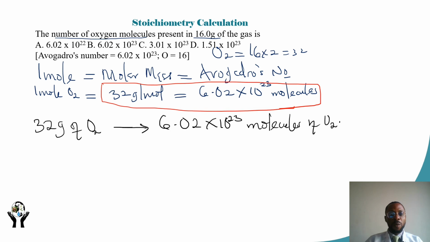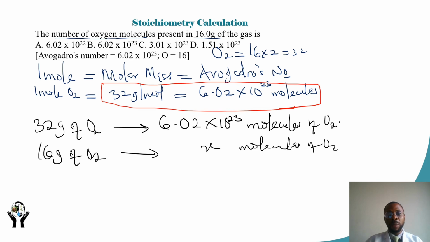Now we are looking for the number of molecules. So x molecules of oxygen will be present in 16 grams of that gas. So in 16 grams of oxygen, what is the number of molecules?